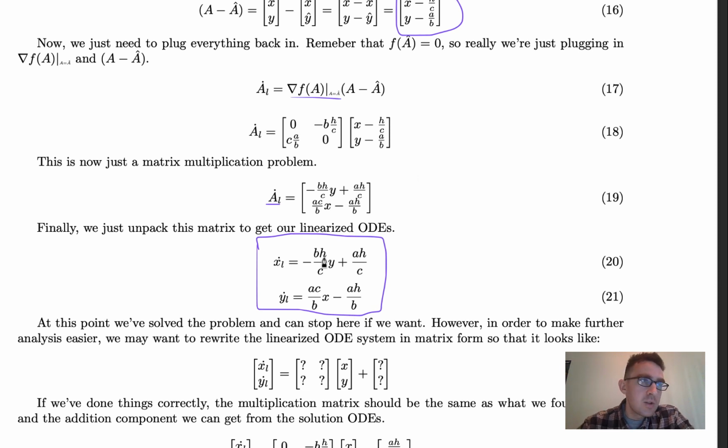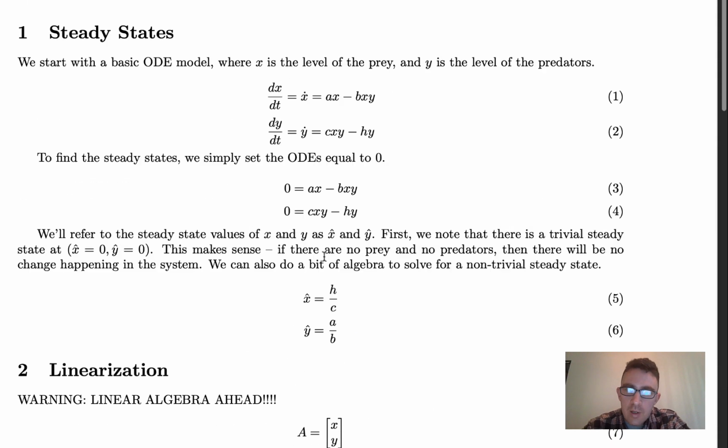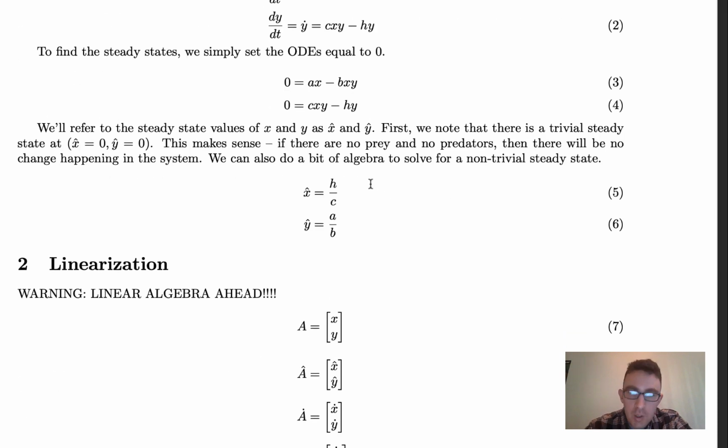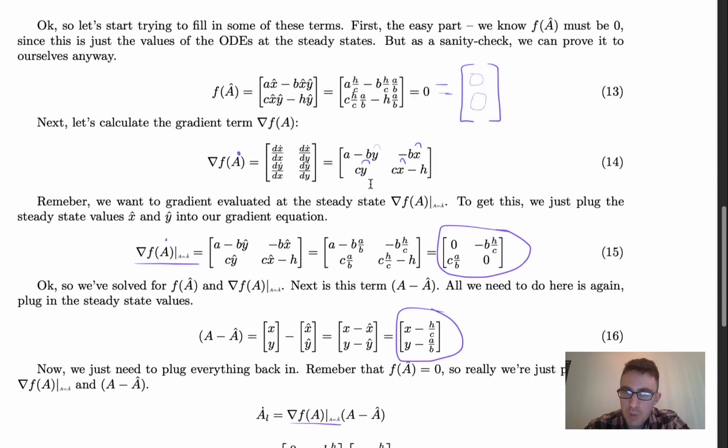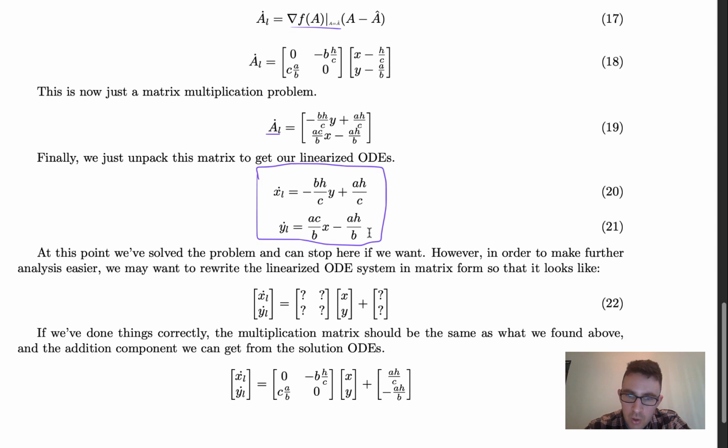So yeah, this is it. You guys can stop here if you want. This is the answer to the original question we had of how do we find a linearized system of ODEs, linearizing around an equilibrium point for our original non-linear system of ODEs. We have answered that question just by, again, plugging things in and then multiplying out these matrices here. This is our answer.